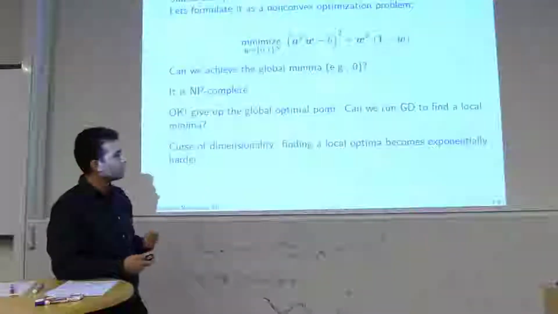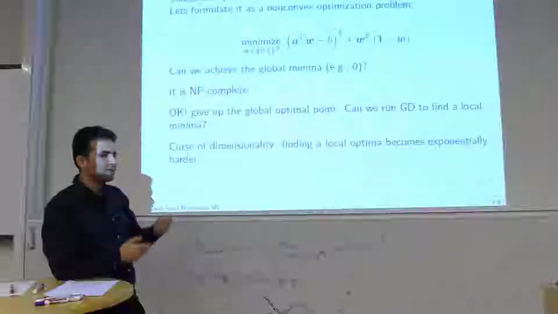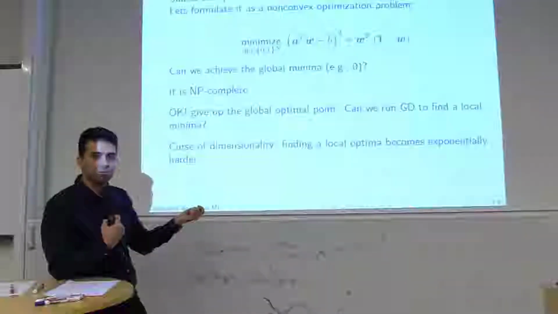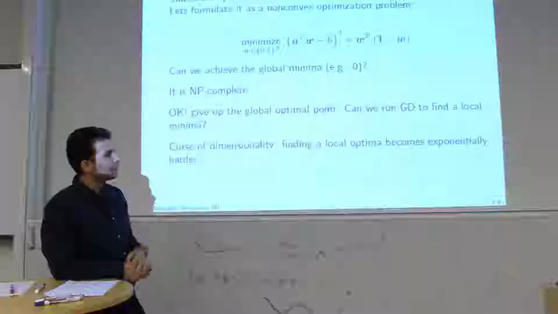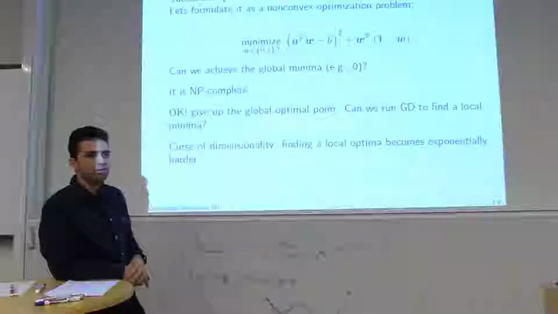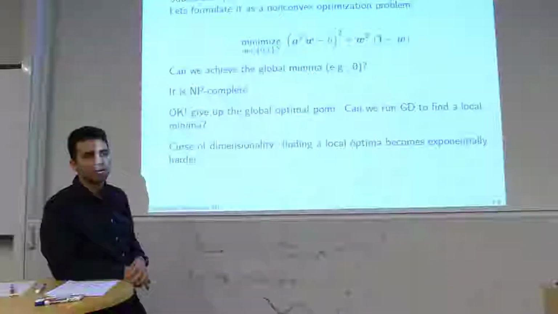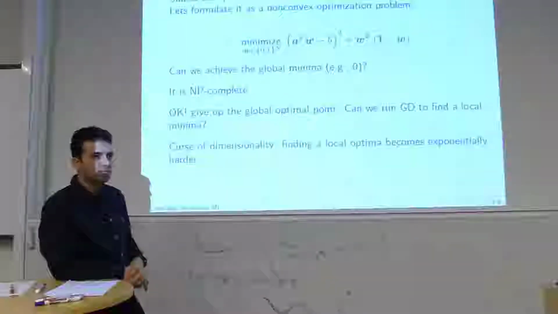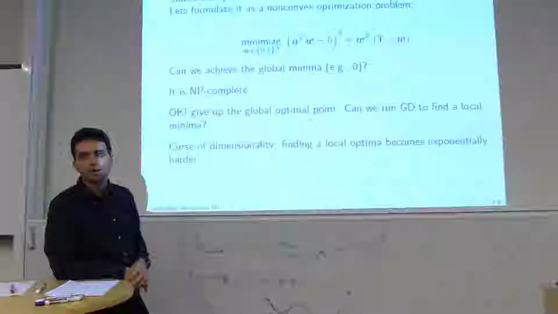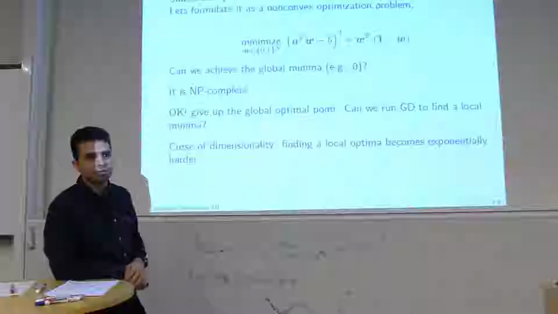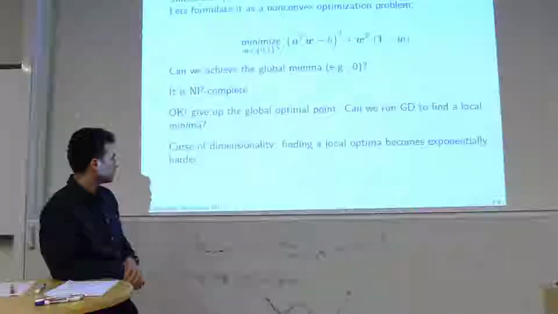And that chance will increase and increase as you increase the dimension of the problem. So if you say that you want to train a deep neural network with 1 million or 2 million parameters, then the number of saddle points is way more than the number of local minima. But how can we even solve that problem or find some locally optimal solution?